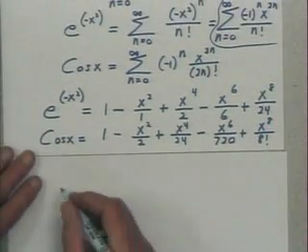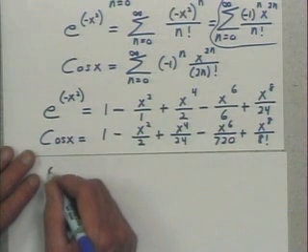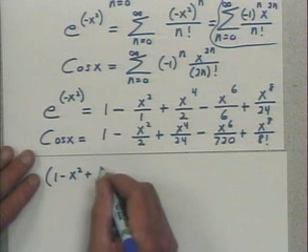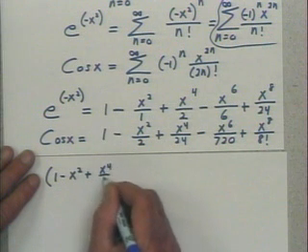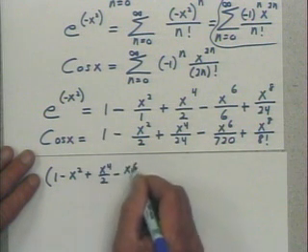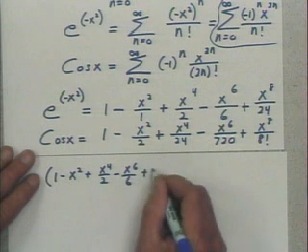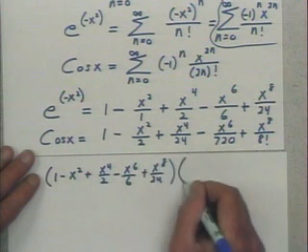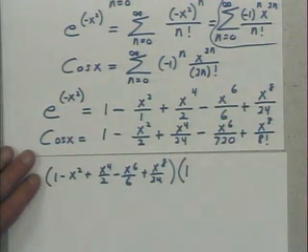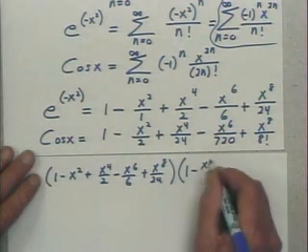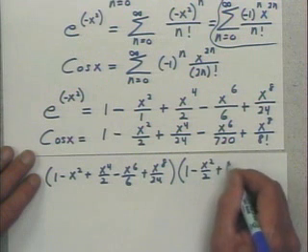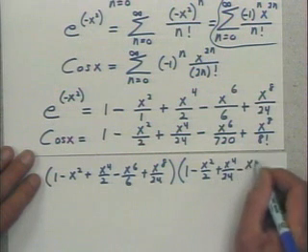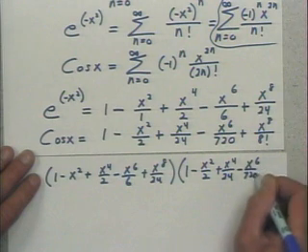So what you literally have to do is take 1 minus x squared plus x to the 4th over 2 minus x to the 6th over 6 plus x to the 8th over 24, and literally multiply it by 1 minus x squared over 2 plus x to the 4th over 24 minus x to the 6th over 720, and so on.